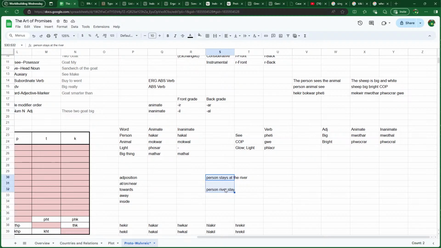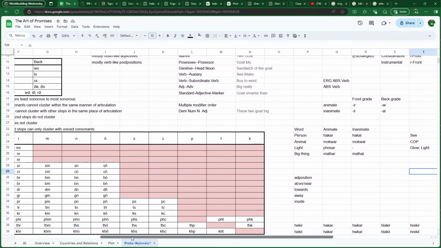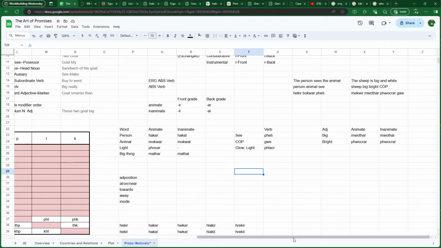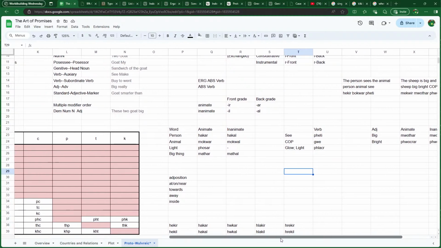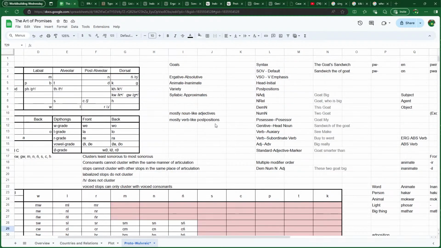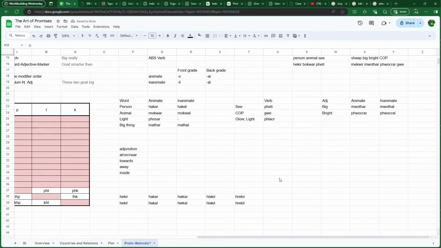I think we have a specific word meaning place. But then that would turn it into noun-like postpositions, meaning that verbs are very separated.